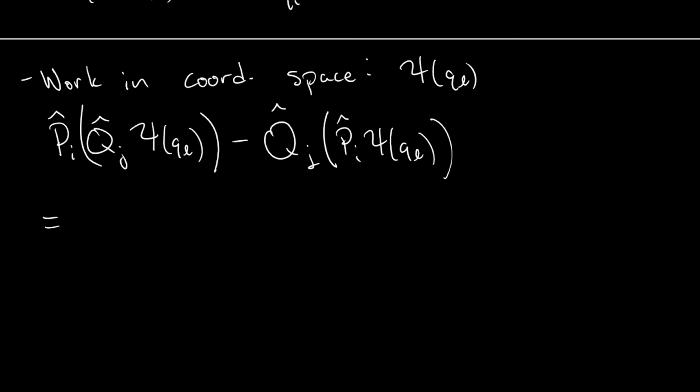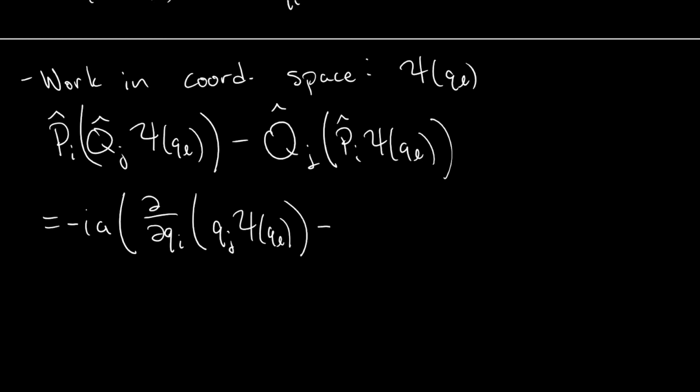So this is minus i A times d by dq sub i of q sub j psi of q sub l. That's the first term, minus q sub j d psi dq sub i. I'm doing the minus sign just to see if these are different. If the ordering of these operations doesn't matter, then this should give 0.